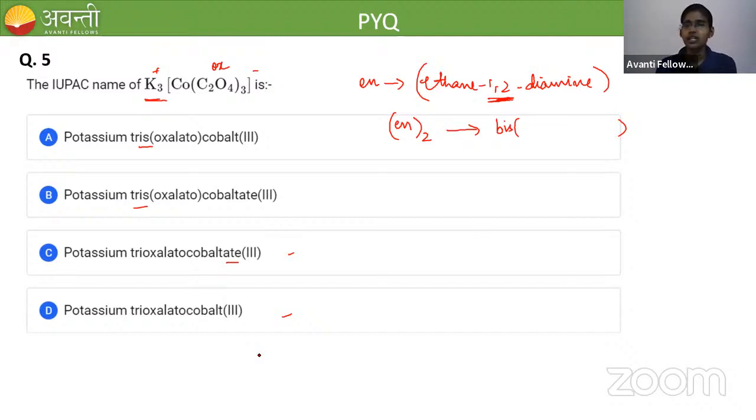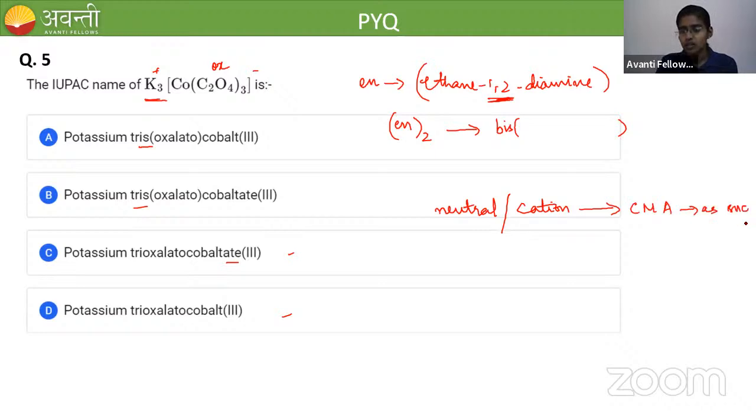If the complex is neutral, or if the complex is a cation, then you have to end the central metal atom name as such.